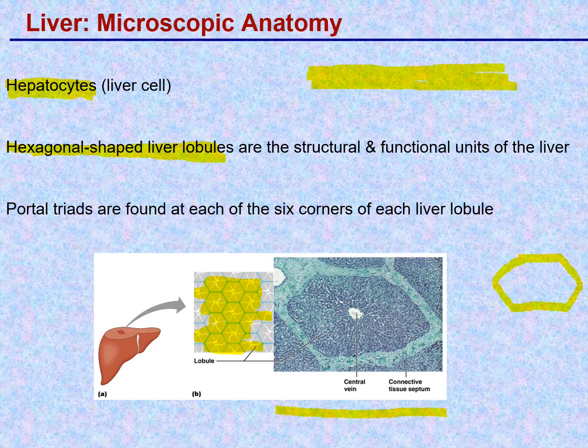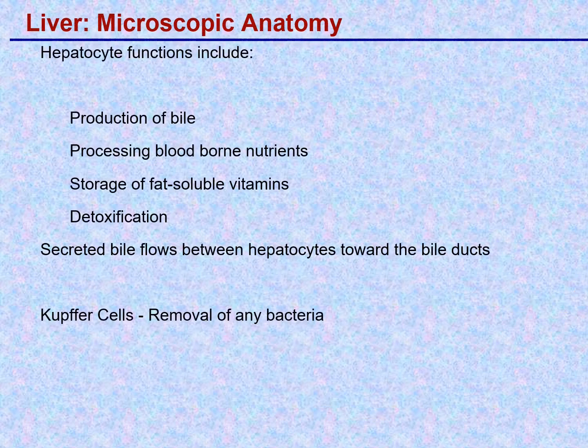Okay, in the middle of the lobule you have what's called a central vein. And we're going to look at this in more detail in the microscopic anatomy on the next slide, I believe. No, maybe it's the next one after this. The liver cells have a lot of functions. They produce bile. They process nutrients that are in the blood coming into the liver from the small intestine.